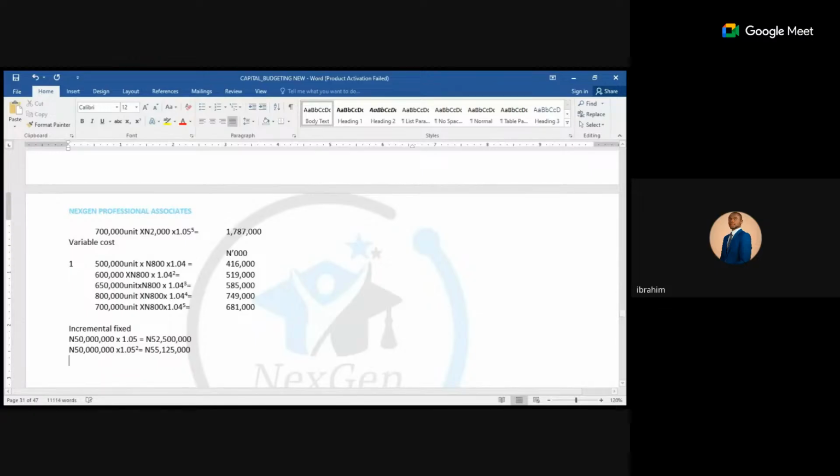So here is raised to power of 3. What do we have? 57,881. So what do we have here? 60,775, raised to power of 4.